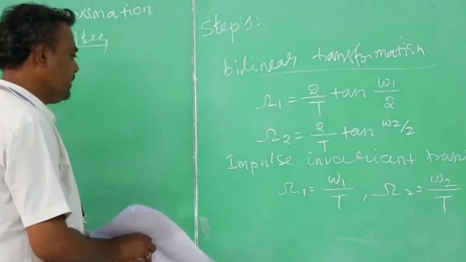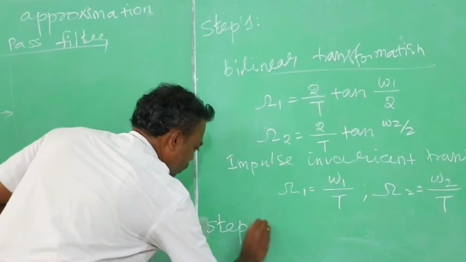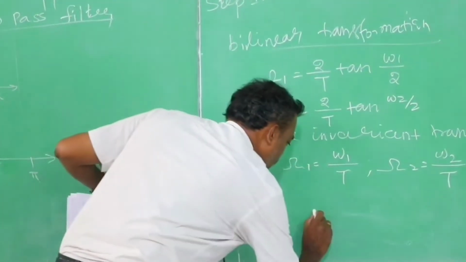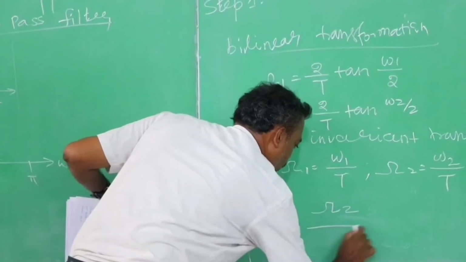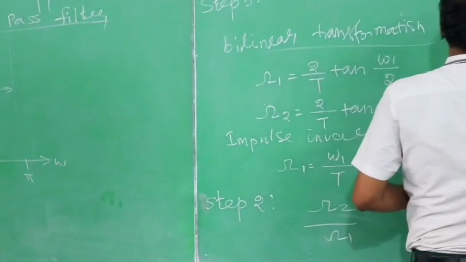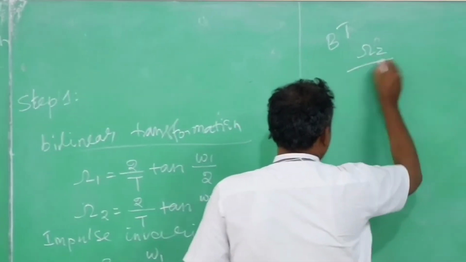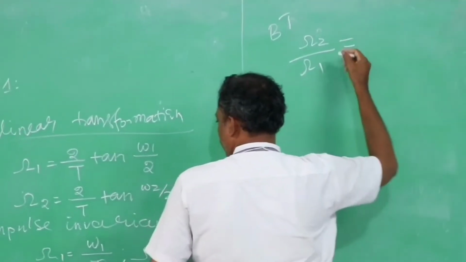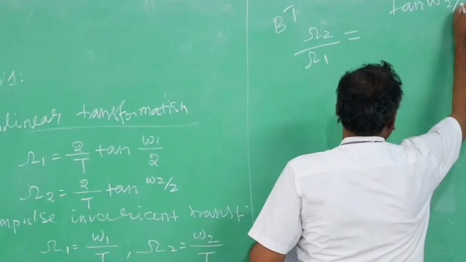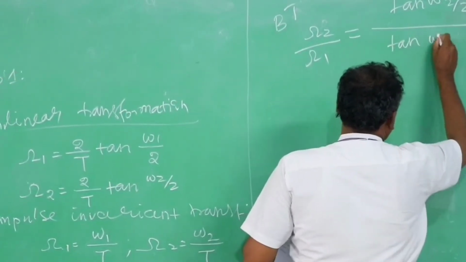Then the second step of the design is to find the ratio of the analog frequencies, that is ohm 2 by ohm 1. In the bilinear transform case, ohm 2 divided by ohm 1 is equal to tan of omega 2 by 2 divided by tan of omega 1 by 2.